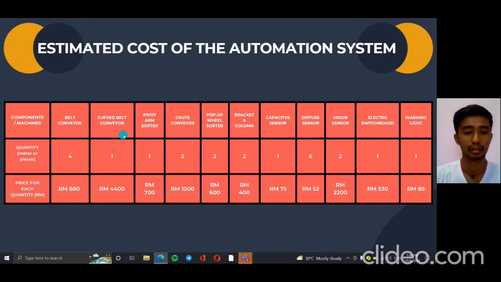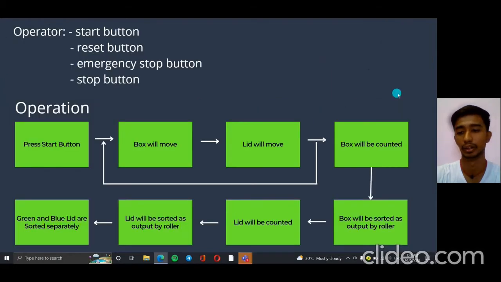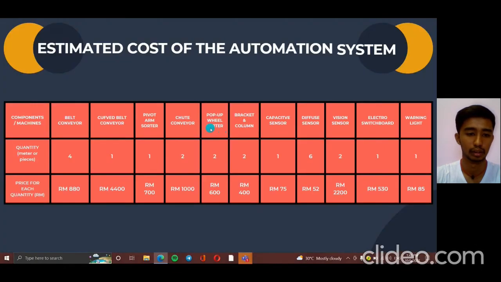Next, for the curve belt conveyor, the quantity is 1, and the price is 4,400 for only one curve belt conveyor. Next, the pivot arm sorter that we have used to separate the green and blue leads. The quantity is 1, and the price for the one pivot arm sorter is 700.